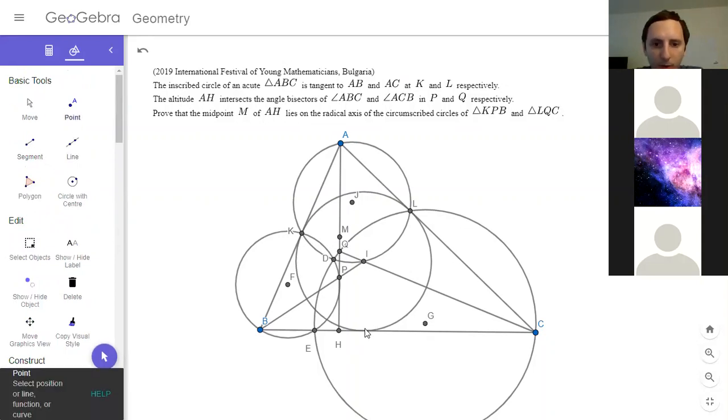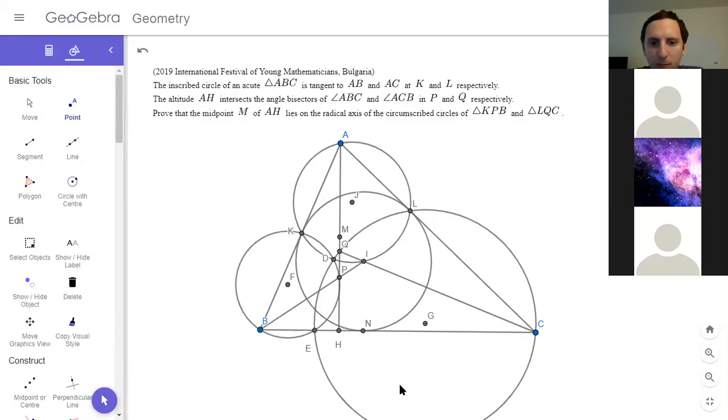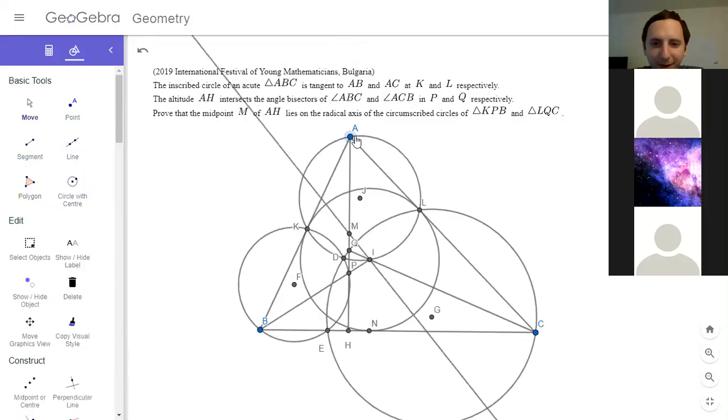Okay, so it's a well-known result that M, N, and the A-excenter are collinear. And MI and the contact point of the excircle at BC are collinear. Yeah, that's the IM lemma. So, oh, it looks like it passes. No, that must be a coincidence, right? That IM passes through G.